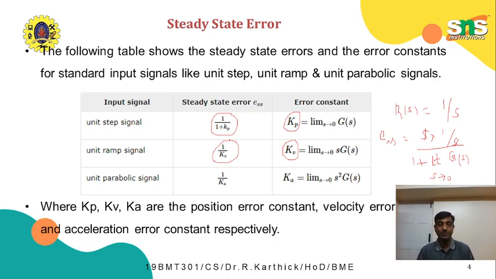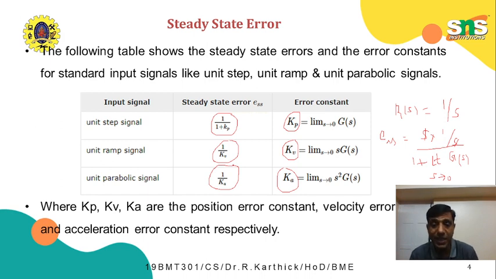Similarly, when the input is a unit parabolic input, the static error constant is defined in terms of Ka, the acceleration error constant, and the steady state error is given by 1 divided by Ka.